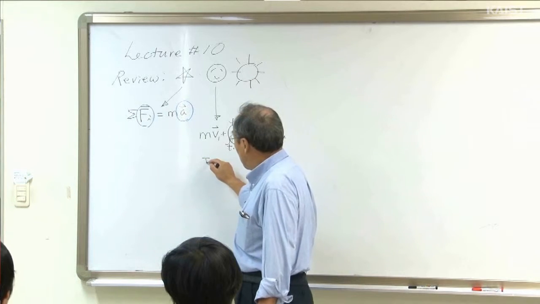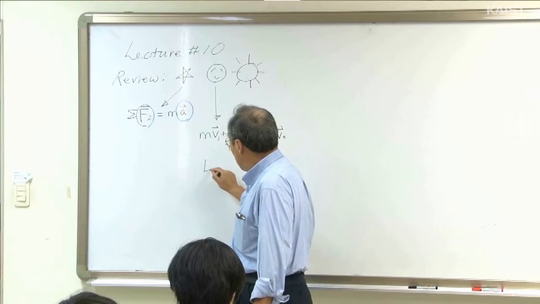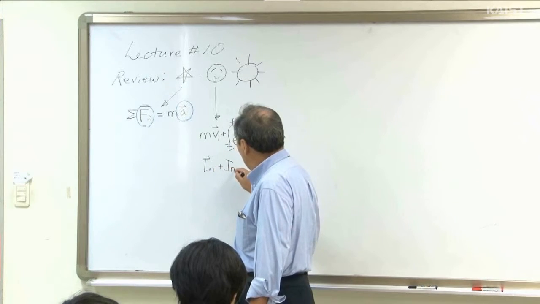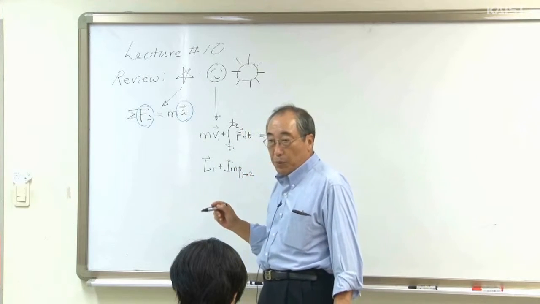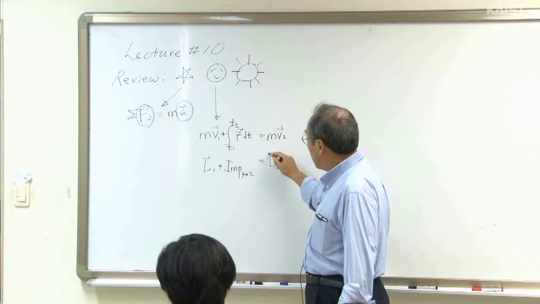Okay, symbolically we could write so linear momentum at state 1 will be changed by applying impulse from state 1 to 2, equal to L2.